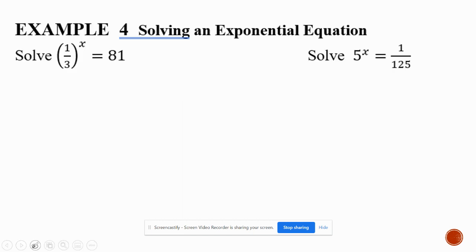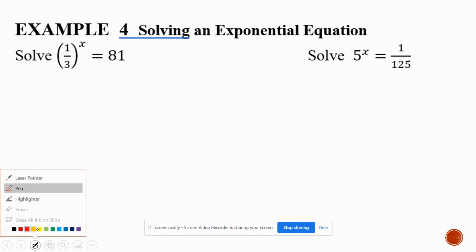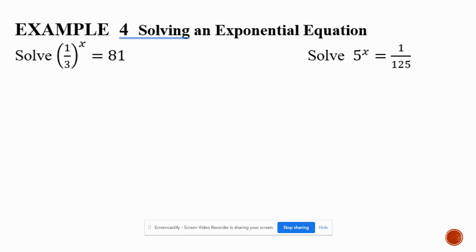Solving. In order to solve an exponential function, we want to get like bases. What that means is I want, like this base is a third and this base is 81. I want those two numbers to be the same number.